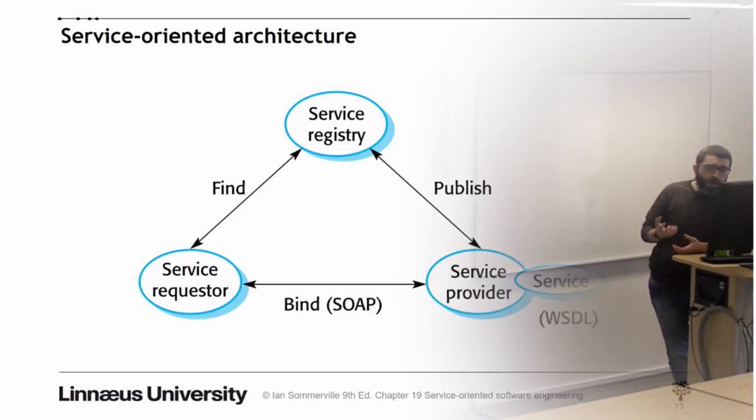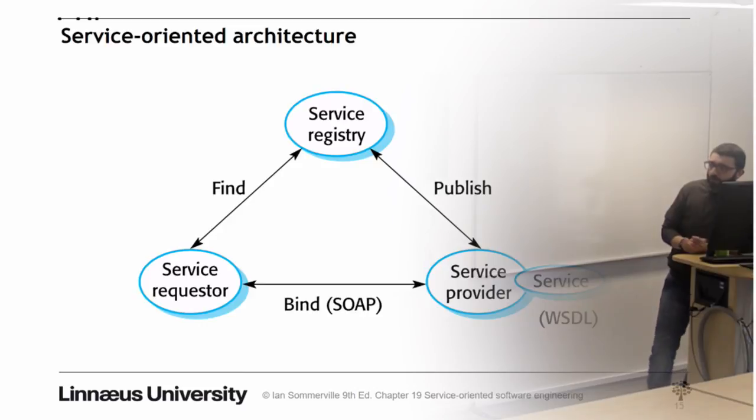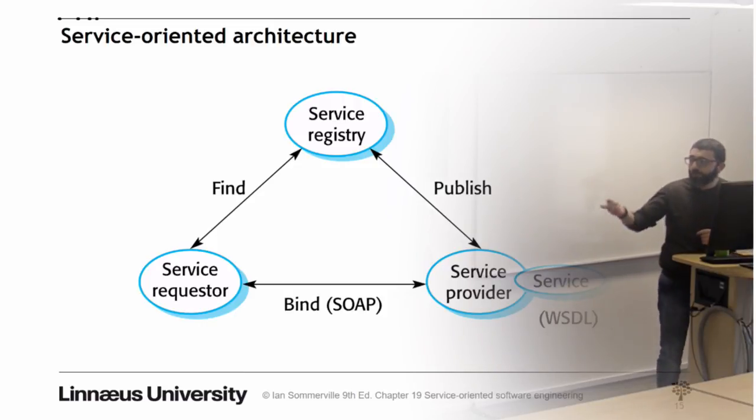Once I found this service, I can bind to it and consume it. How do we do that? We do it by exploiting the SOAP standard protocol, which is still based on XML, understandable and used for machine-to-machine interaction.